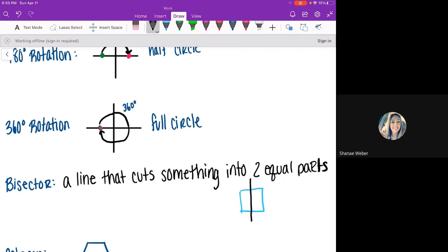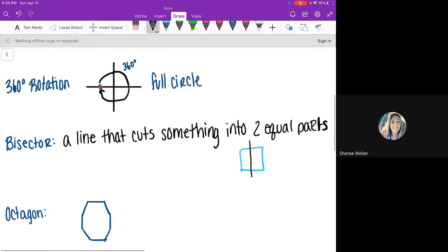Pretend like that's a straight line. Or we could cut the square into half like this. That's also 2 equal parts. So all of those are bisectors. It's cutting it into 2 equal parts. I'm just going to leave it like this.